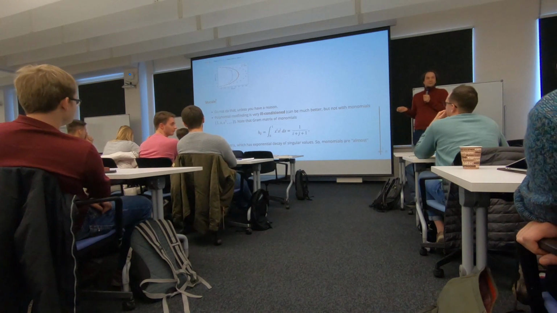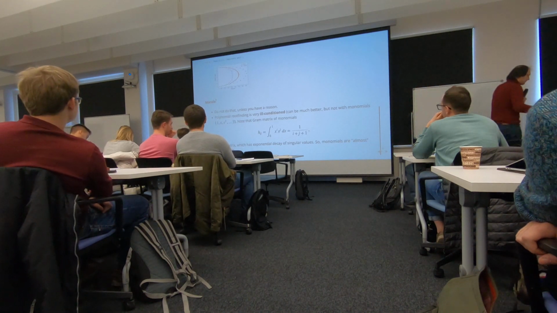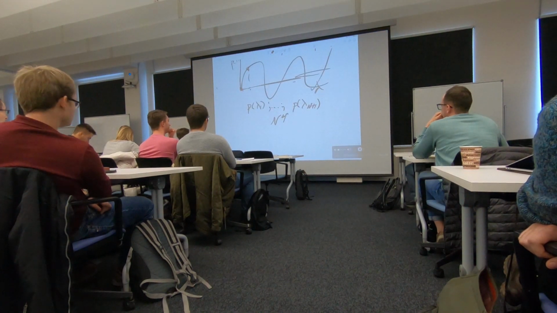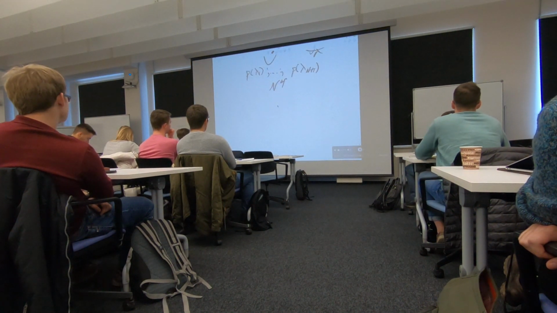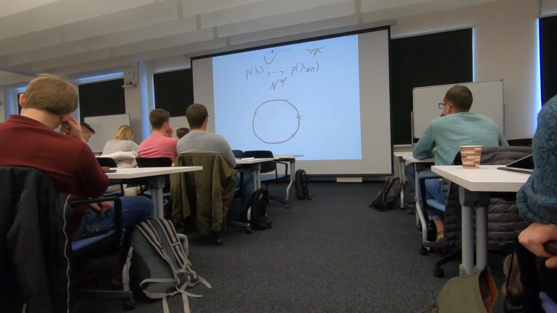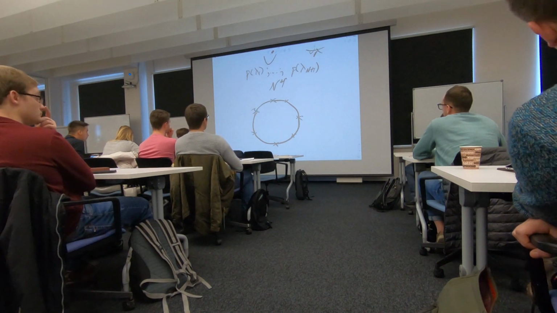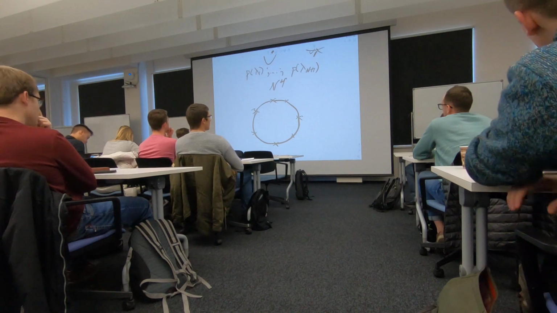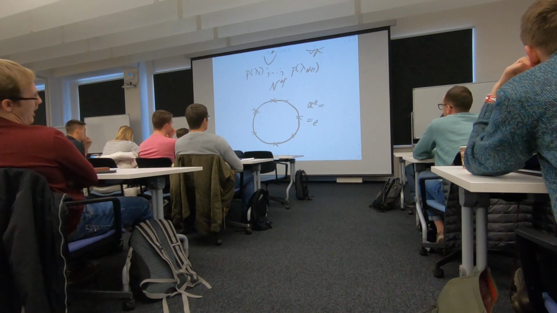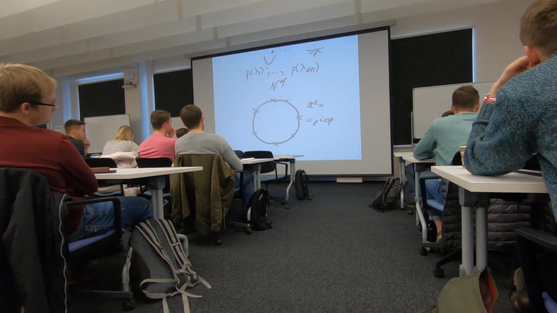You never use monomials. The only case you use monomials is when your data is distributed on a circle, uniformly. Then the monomials are orthogonal with respect to the scalar product.